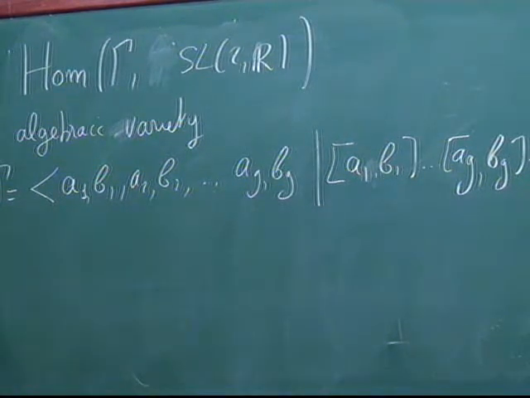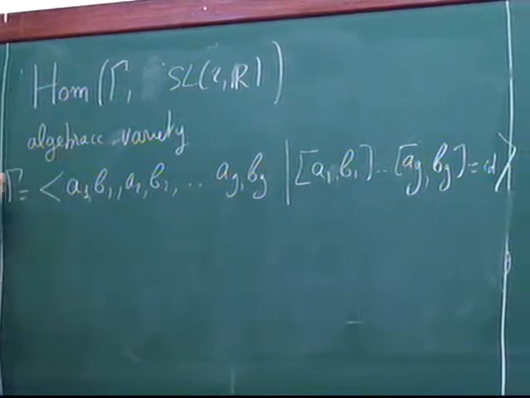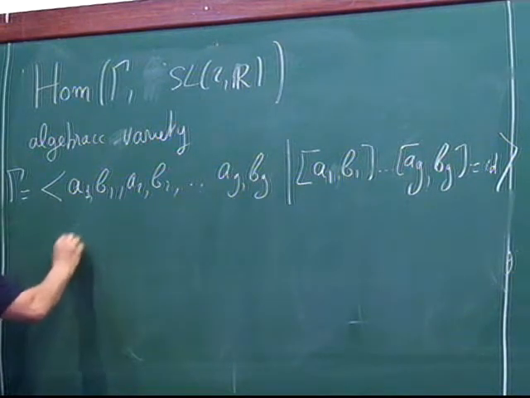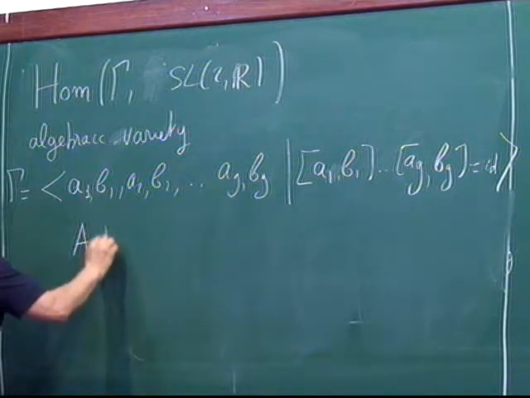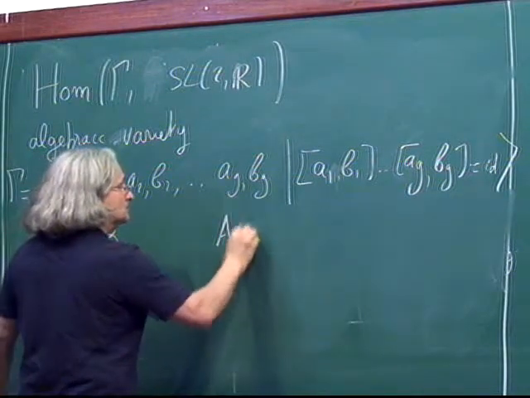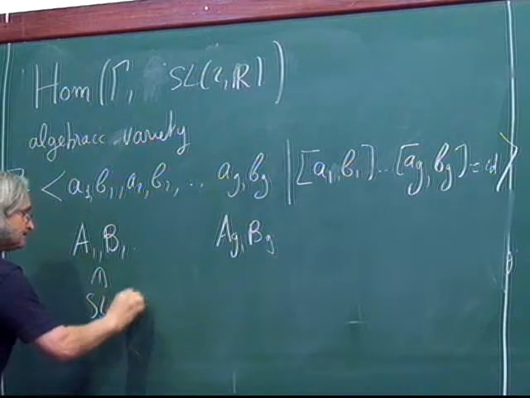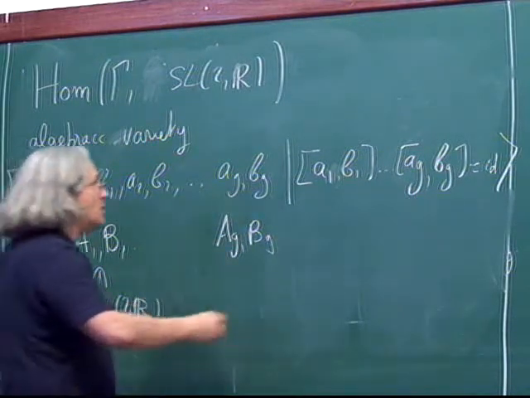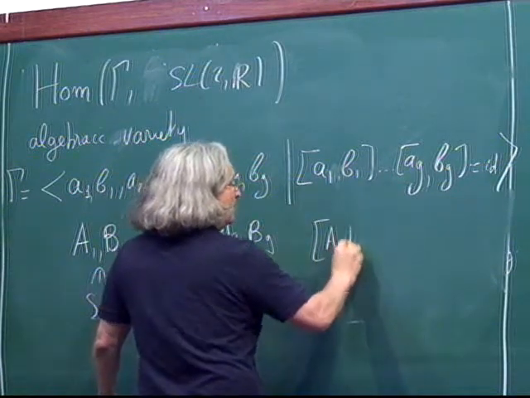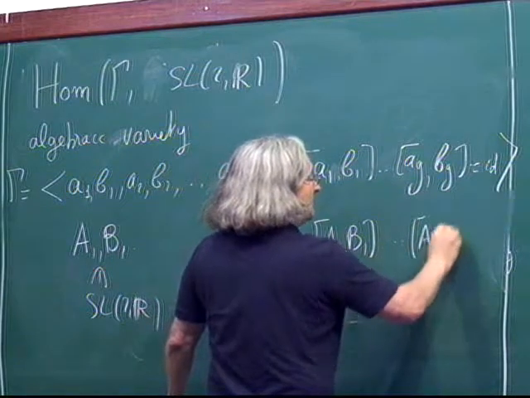Now, if you want to look at homomorphisms from Gamma to SL2R, you see from this presentation, we just have to take matrices which belong now to SL2R, such that the product of the commutators is the identity.